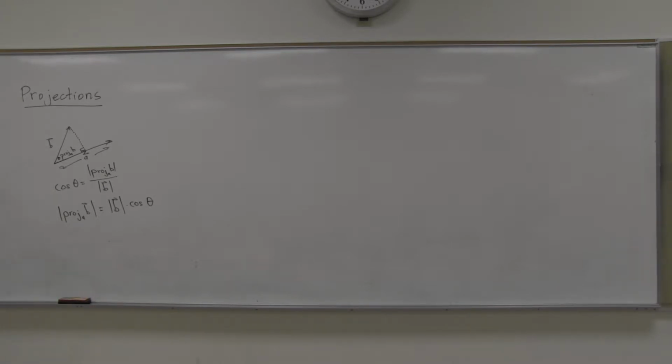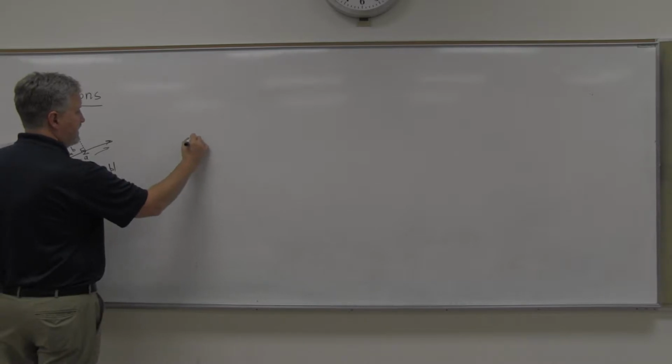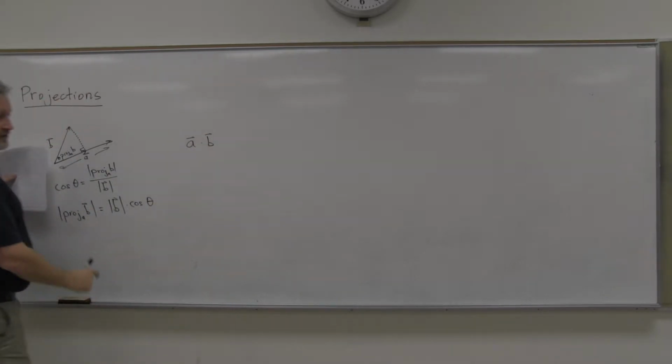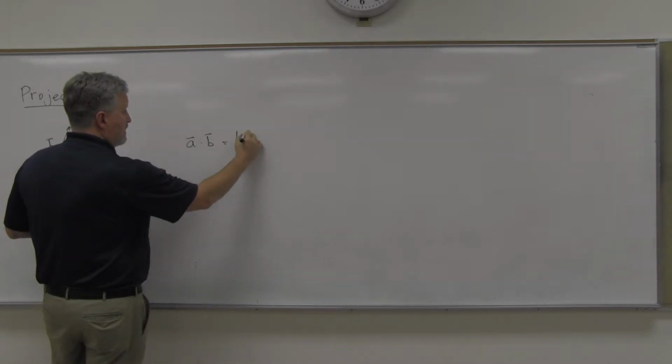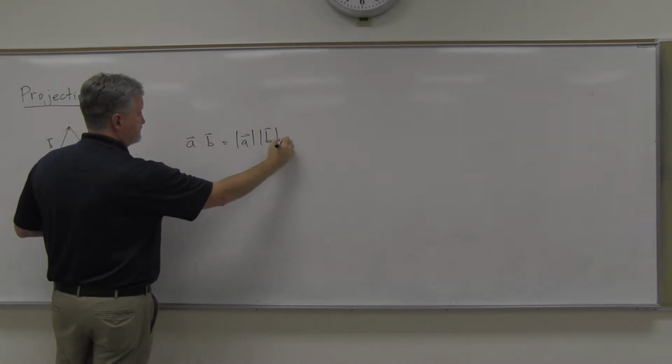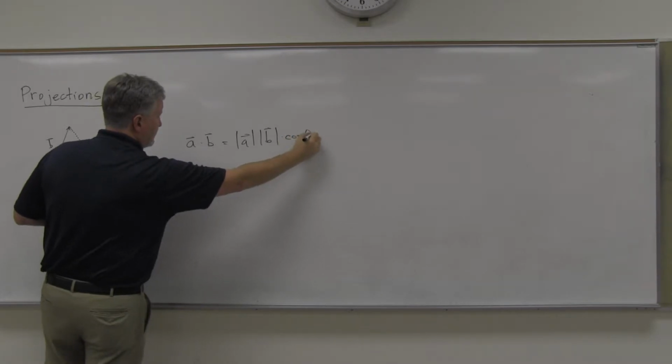Now, that's okay, but we could get a little better formula if we look at this. We still have the dot product there. A dot B would be the magnitude of A times the magnitude of B times the cosine of theta.